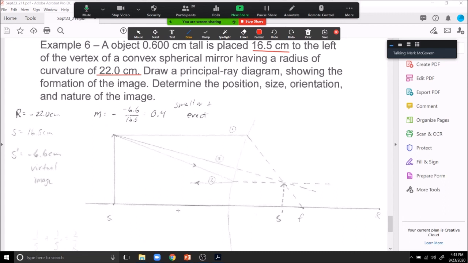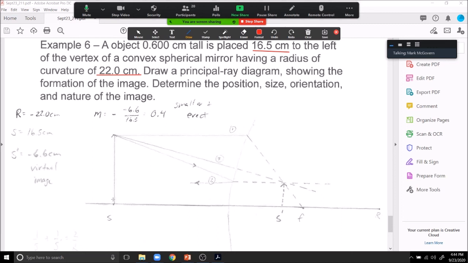So I attempted to draw this to scale. I did not draw this to scale at all, though, right? 0.6 centimeter tall object. Is this right? What was I thinking when I drew it? It's totally not right at all. This object is oddly large.